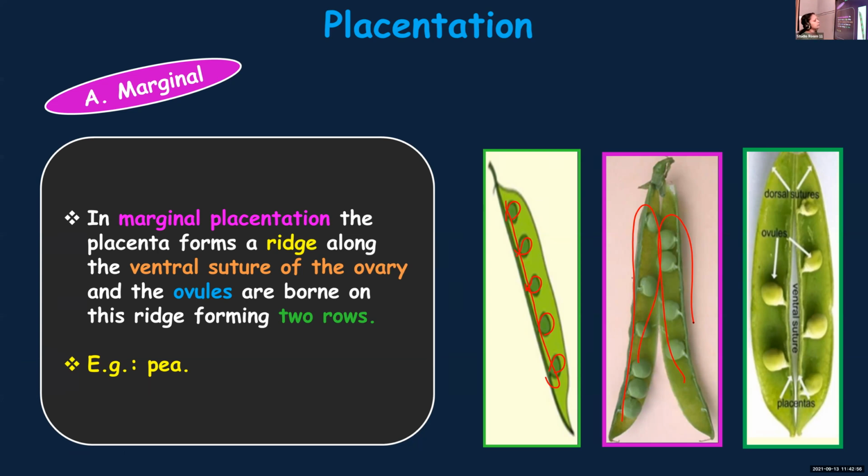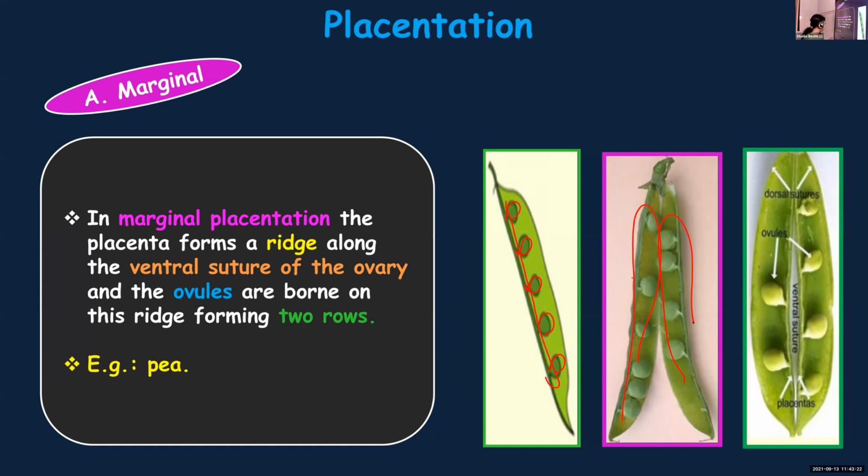Once again, in marginal placentation, the placenta forms a ridge. Since the ovules are arranged along the margin, you call it marginal placentation. The placenta forms a ridge along the ventral suture of the ovary, and there you can find ovules arranged in 2 rows.